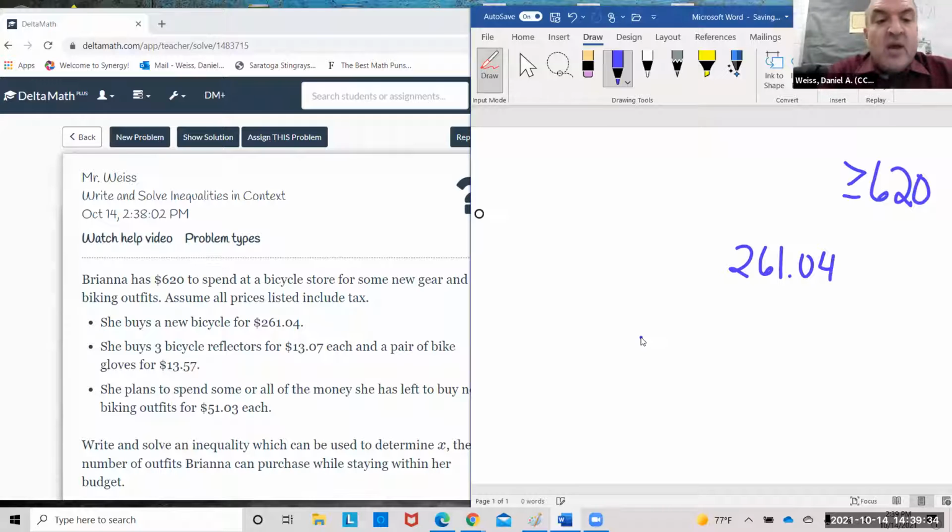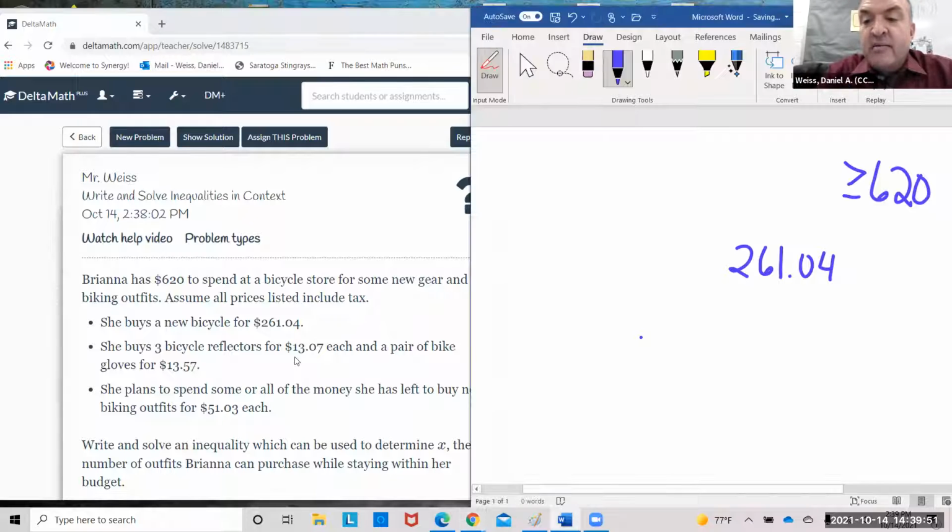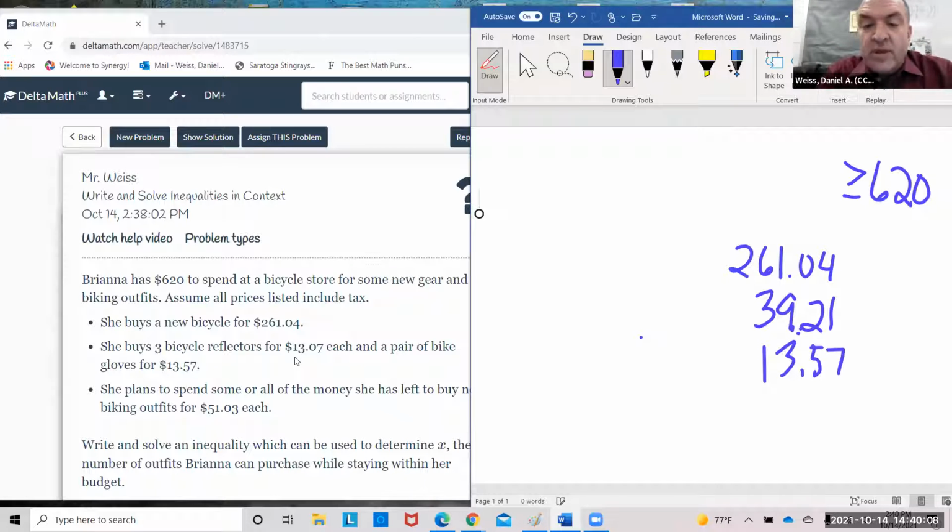She buys 3 bicycle reflectors for $13.07, so on my calculator I multiply 13.07 times 3, and that gives me 39.21. And a pair of bike gloves for $13.57. Now, I'm going to add all of that together.